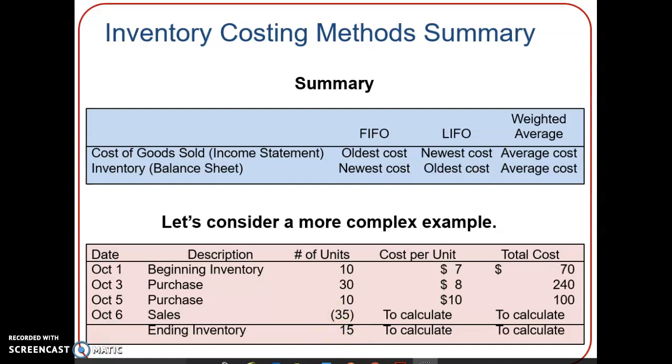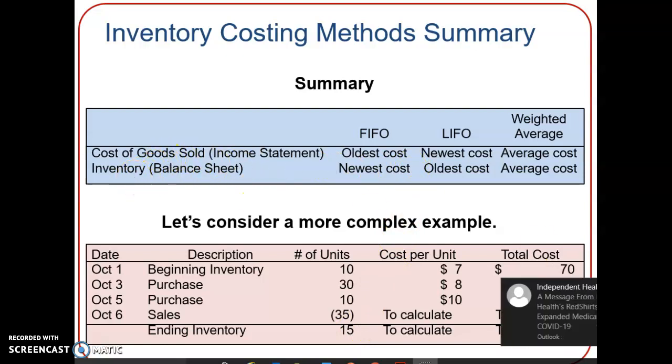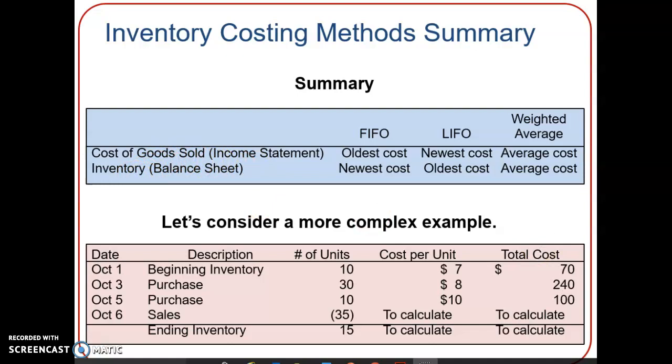Okay, so for our purpose here to calculate the cost of goods sold and the ending inventory, we need to figure out what's the CGS, cost of goods sold, related to the sales. What's the cost of goods sold related to the ending inventory?